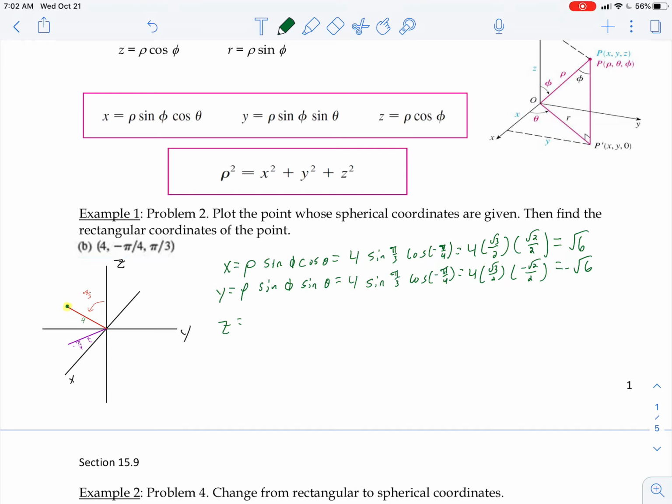And then z, again, it's just rho cosine phi. And so we have the rho, which we said was 4, cosine of pi over 3.